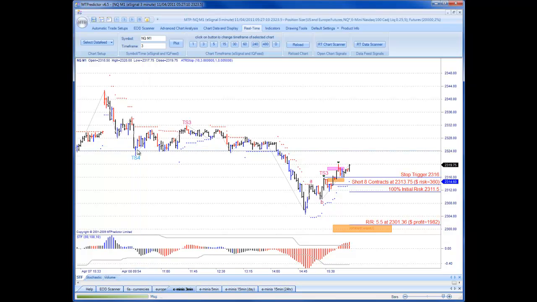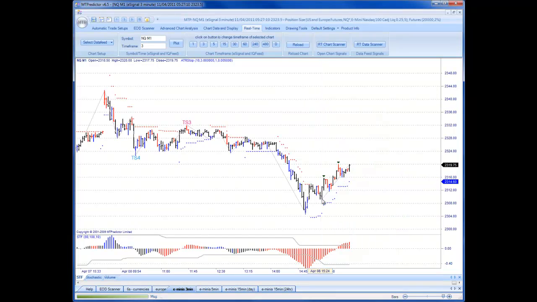So even when you have just two profits and two losses, that's 50% either way, because the profits were larger than the losses, you'd have made plus 5R on your profits and lost -2R on your losses, and that equals plus 3R overall for the day. So as you can see, the use of correct position sizing in MTPredictor has enabled you to come out with a profitable day overall.